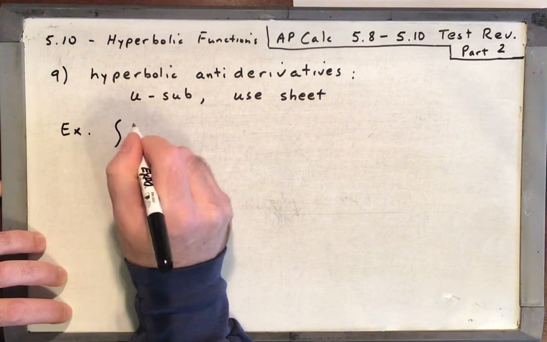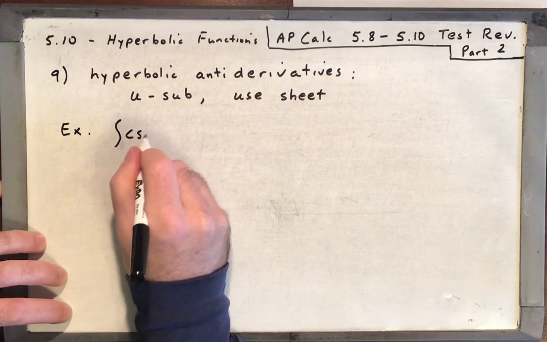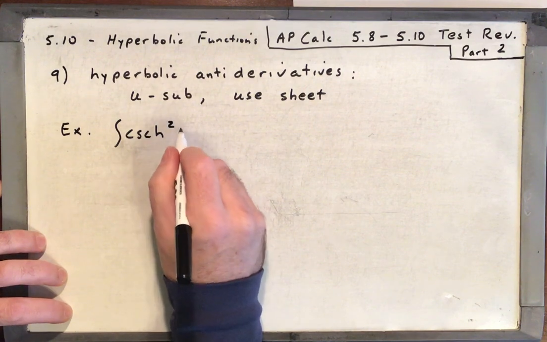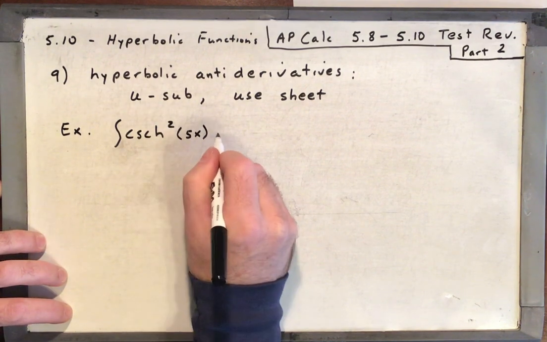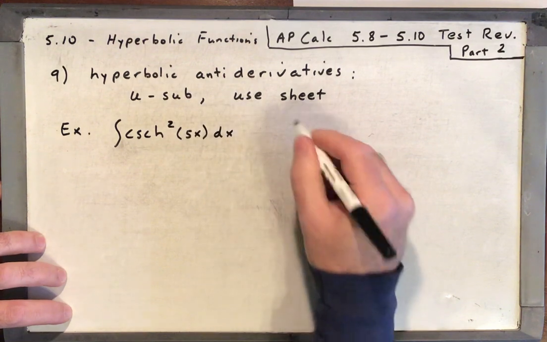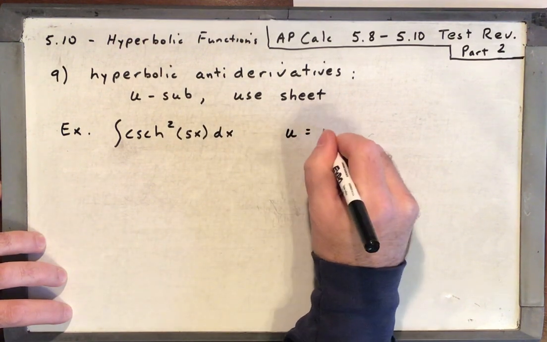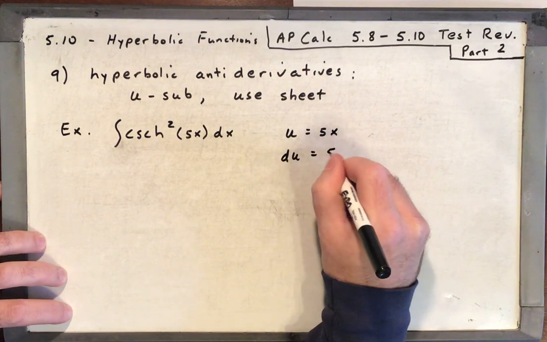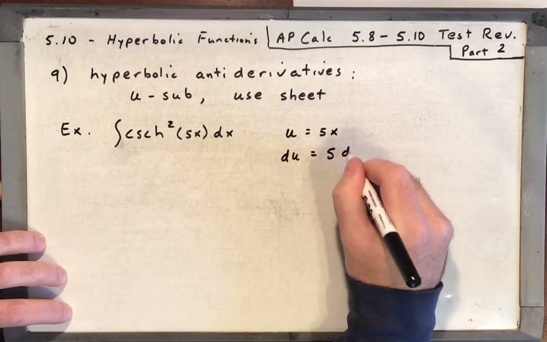Let's take the antiderivative of hyperbolic cosecant squared 5x dx. U is going to be 5x. du would be 5 dx.